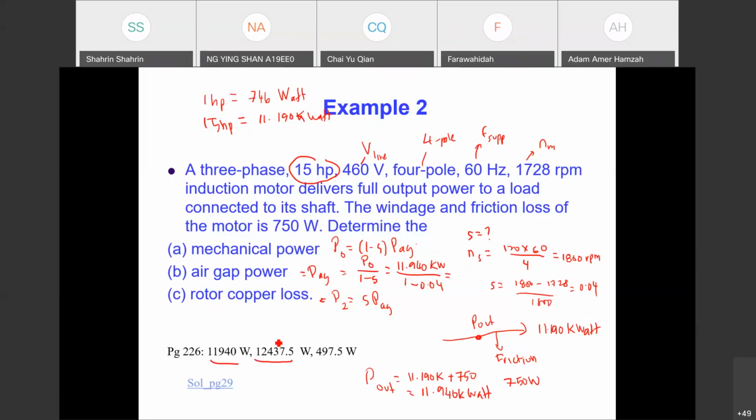And then lastly, the rotor copper losses. Just multiply with S. So 0.04 multiplied with 12,437.5. So the rotor copper loss is 497.51. The only problem is that this question is not complete, because it should give the value: 1 horsepower is equivalent to what?